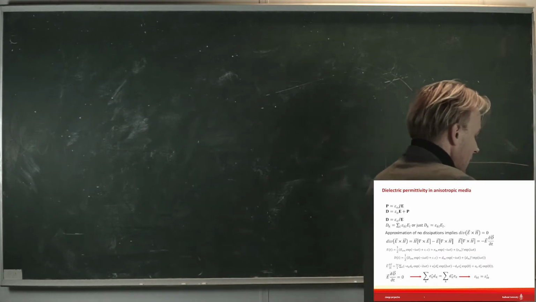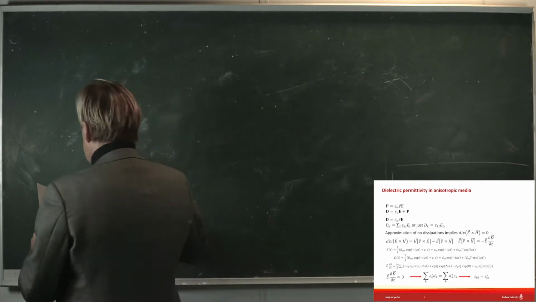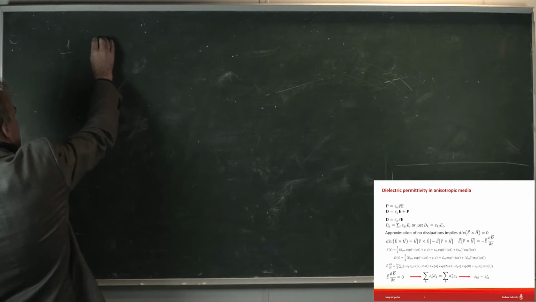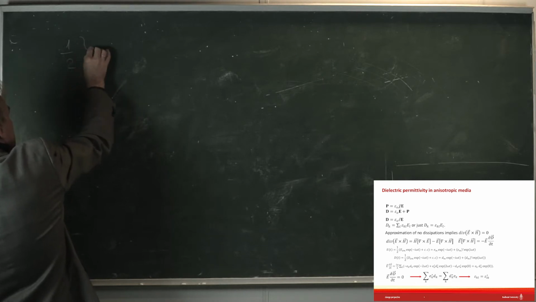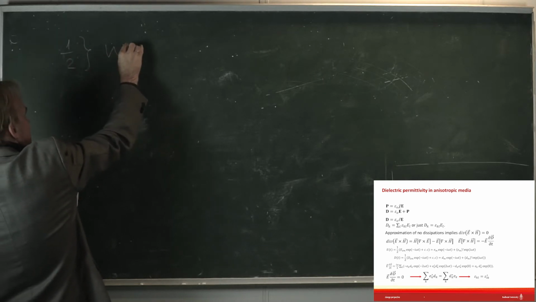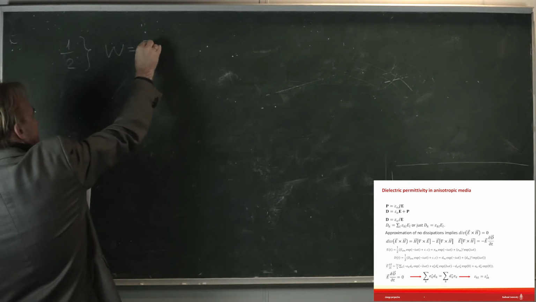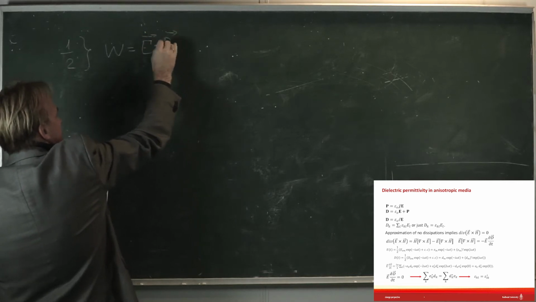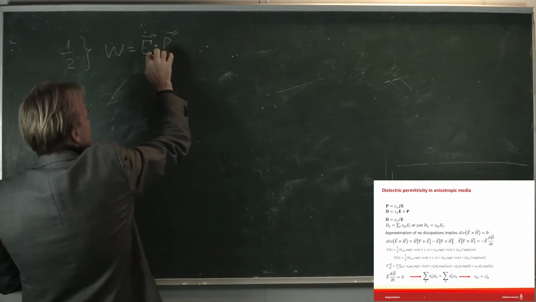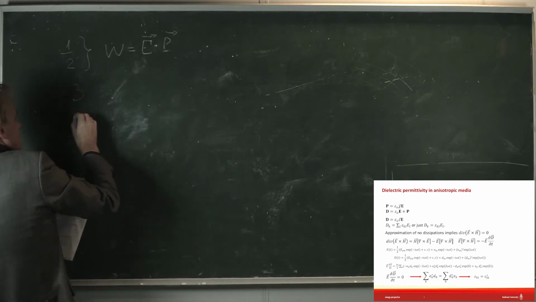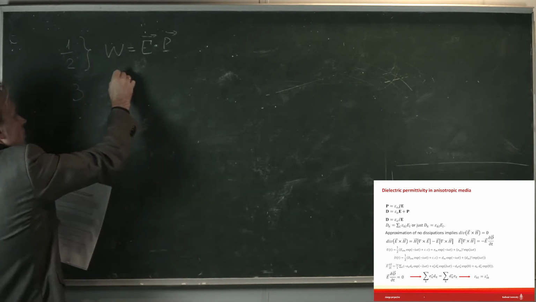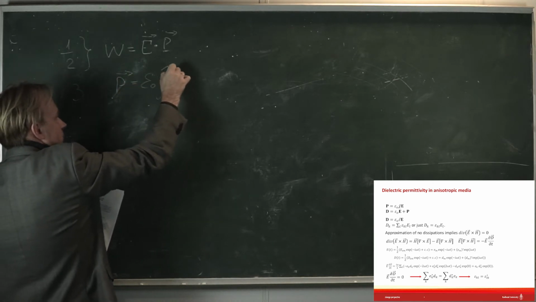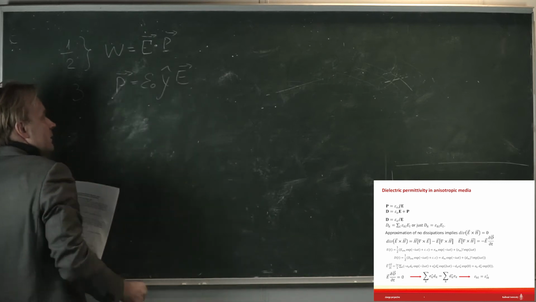Well, if the medium is anisotropic and we work with electric dipole approximation and approximation of continuous medium, that says that light matter interaction is basically given by the scalar product of the electric field and the polarization which this electric field induced in the medium, and we assume linear dependence between polarization and the electric field.